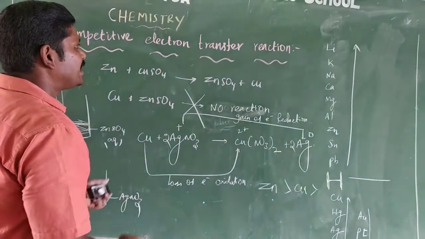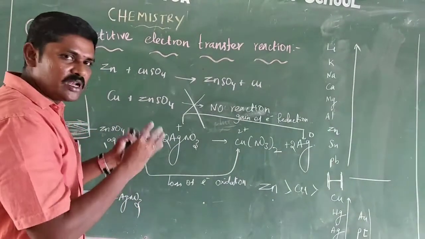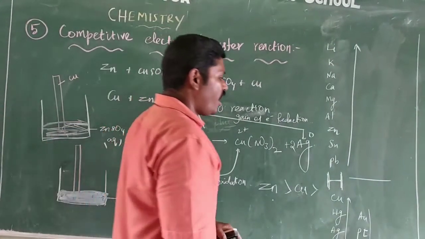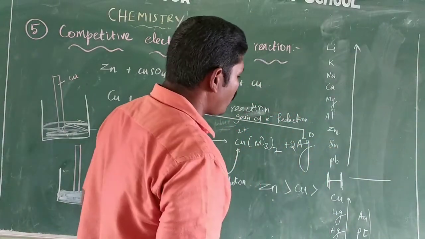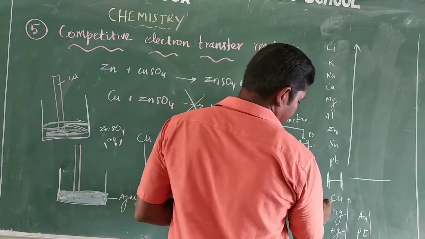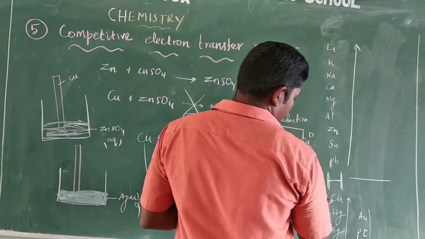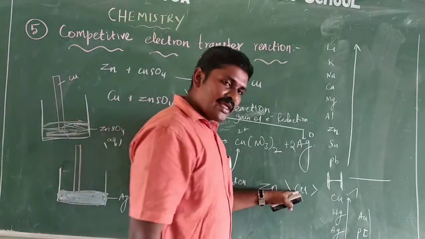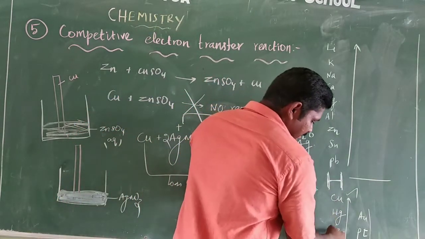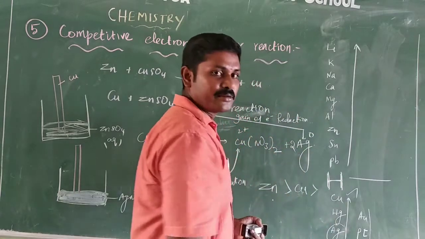So is a metal displacement reaction possible or not? You know from this series. Copper has a higher electron releasing tendency than silver.